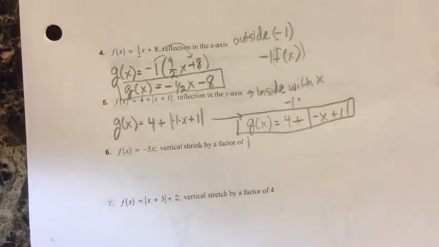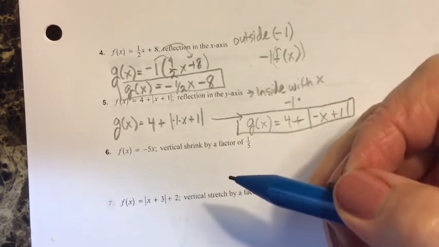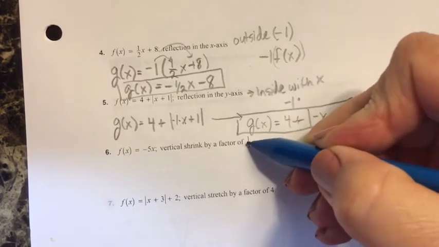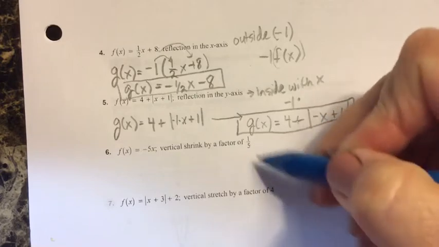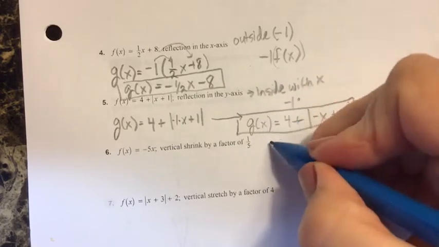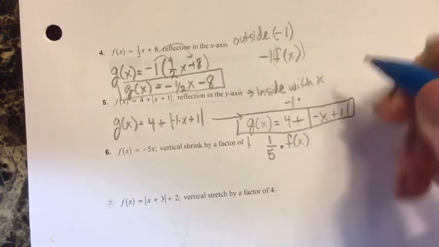For number 6, a vertical shrink, if you look back at vertical stretches and shrinks on the back of page 6, these values are the values I use for a. These values go on the outside. You're doing 1/5 times f of x.